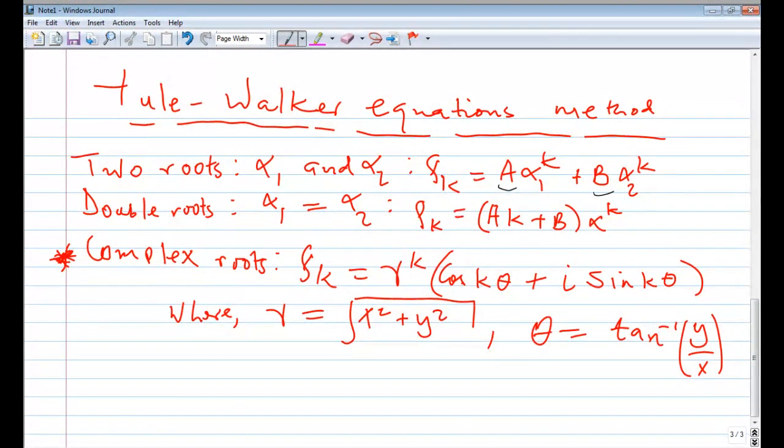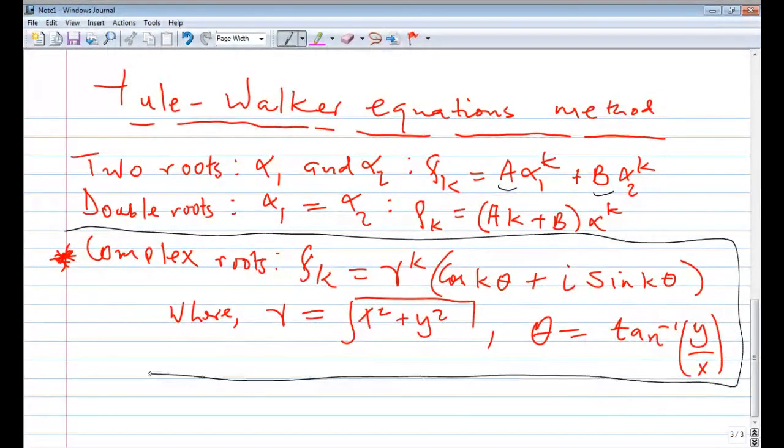We'll be dealing with the real numbers. The complex one, no. In other words, this one, let me just circle it so that you can see. Don't bother, I'm just introducing you so that you can know them. So there will be no question related to this type of equation.